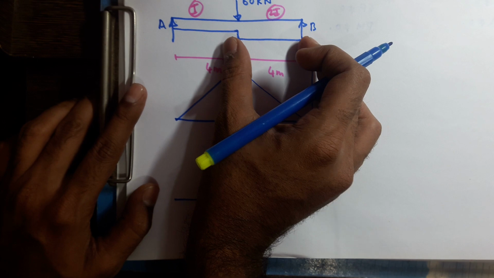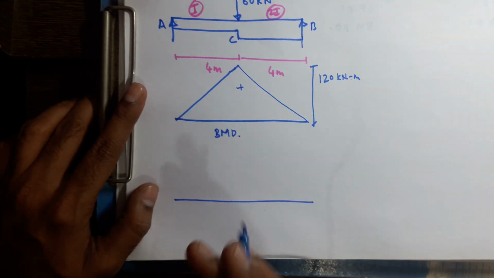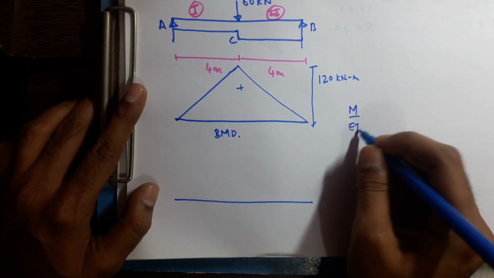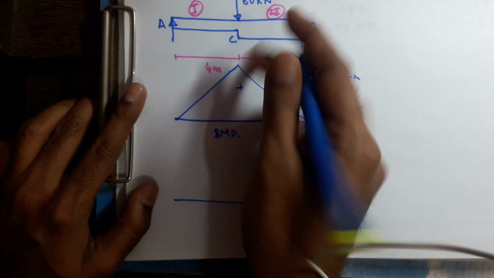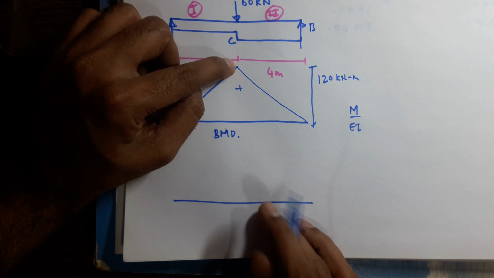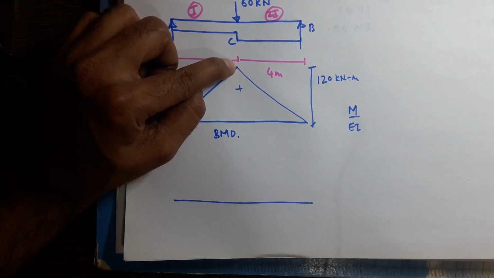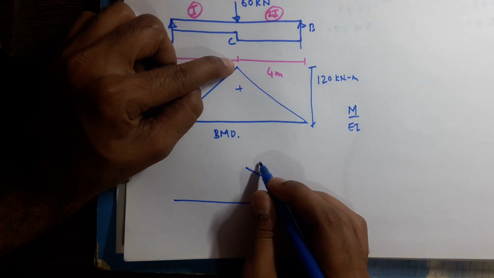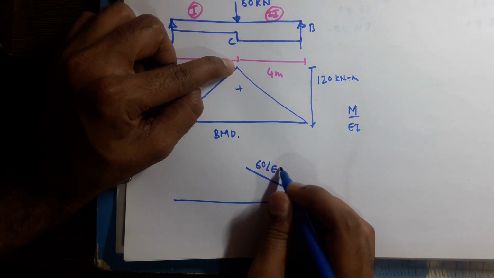For this portion we are having 2I, so here it is 120 by 2 EI, so the value will be 60 by EI.